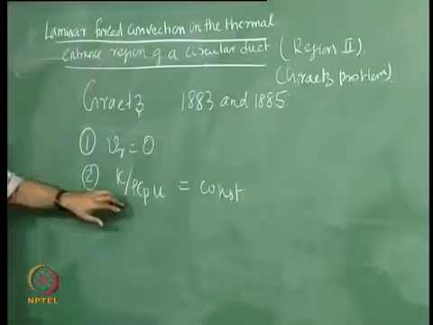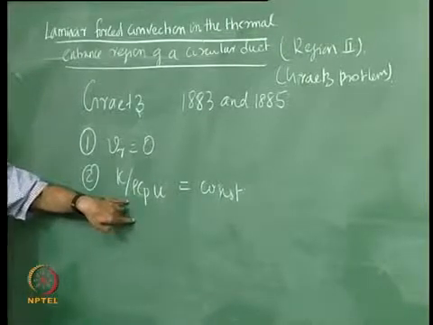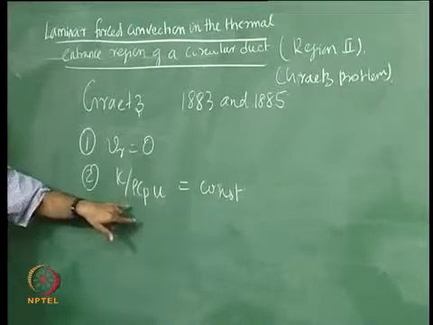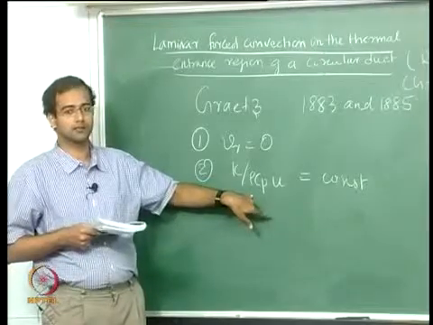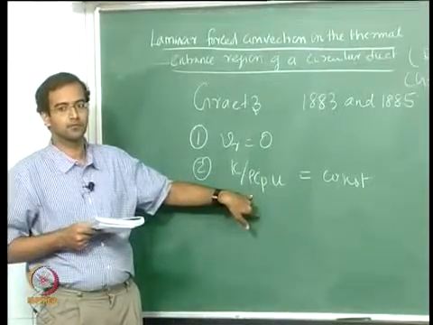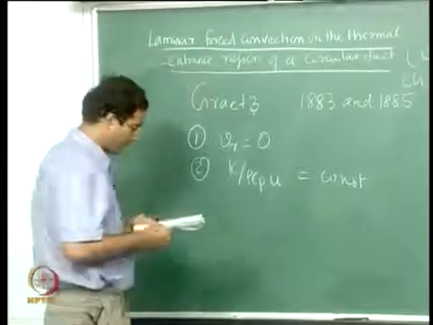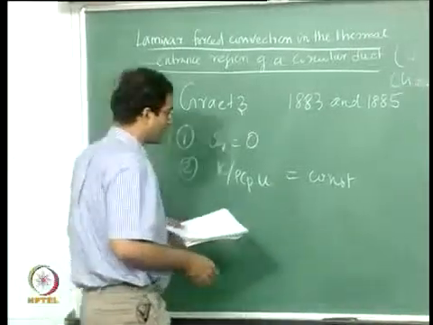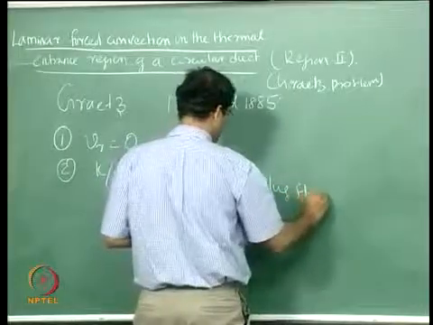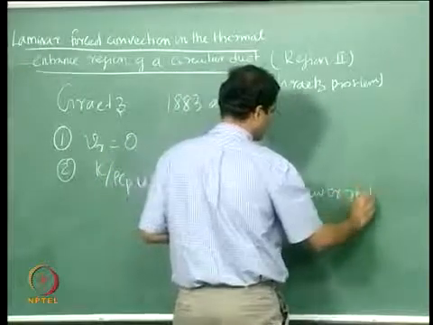When you say k by rho Cp, this is your alpha, so you can understand that as a property that could be constant, but when you also say u is a constant, that means you are assuming plug flow everywhere, and therefore this is what he calls slug flow or rod like flow.